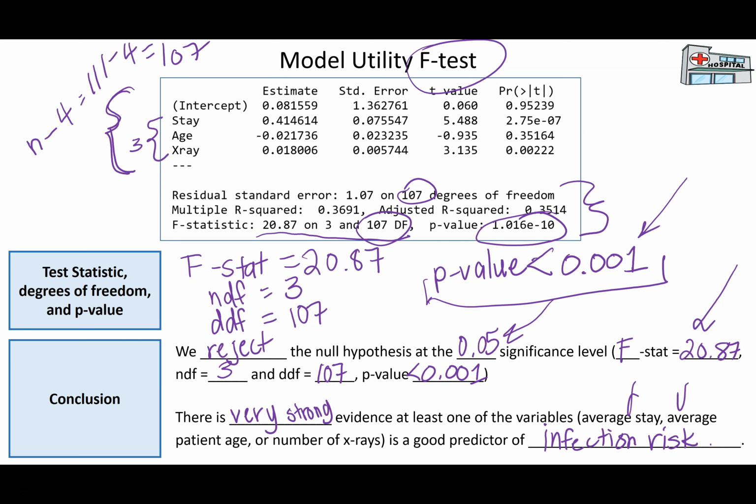So at least one of them is a good predictor of infection risk, which isn't too surprising. Whether or not all of them are useful, that's a whole other question, which is going to be our follow-up.